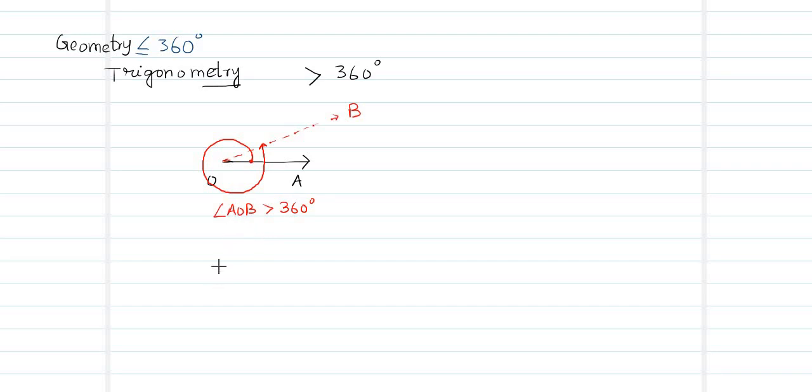Suppose let it be 400 degree, because it is more than 360 degree. So 400 degree means 360 degree and 40 degree. 360 degree is nothing but a complete revolution, so this 40 degree tells us that the angle 400 degree will lie in the first quadrant.